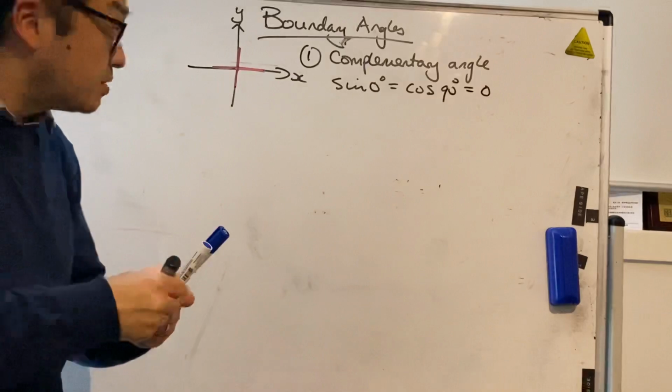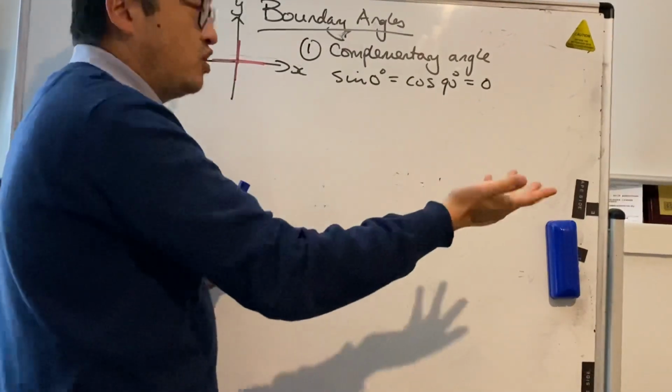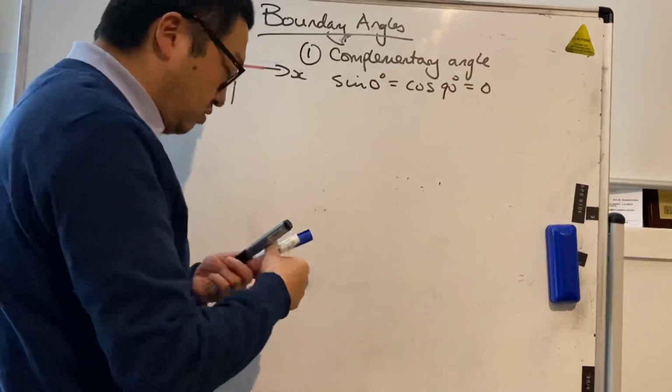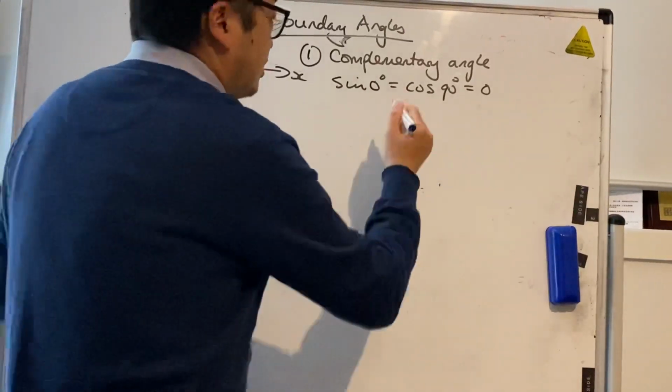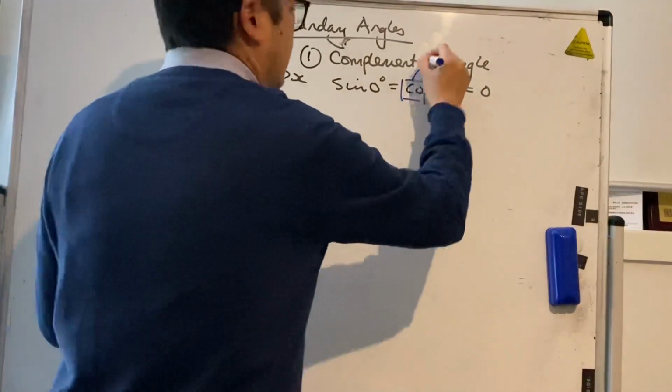How did I get that? Sine and cos are the complementary of each other. 0 and 90 degrees are the complementary angles, right? And this CO stands for the complementary of sine.